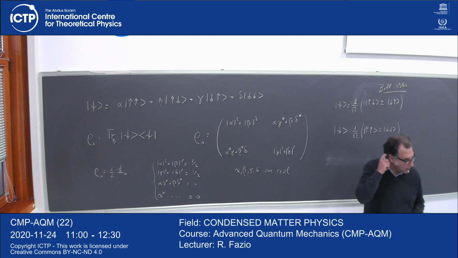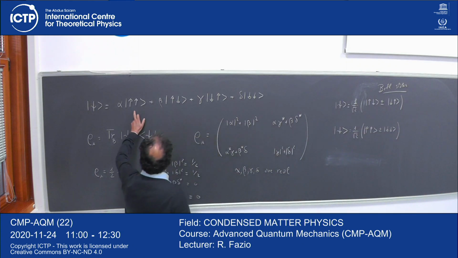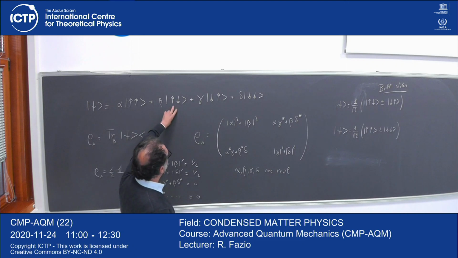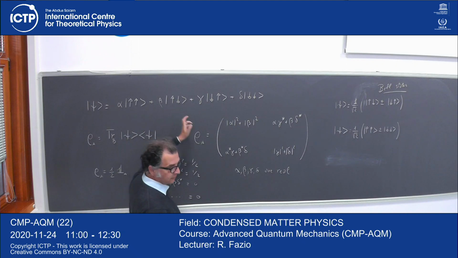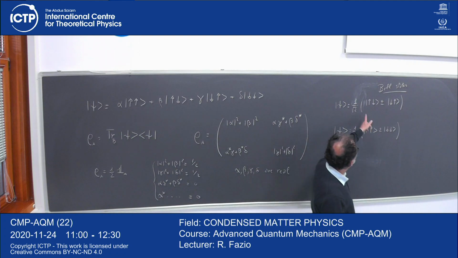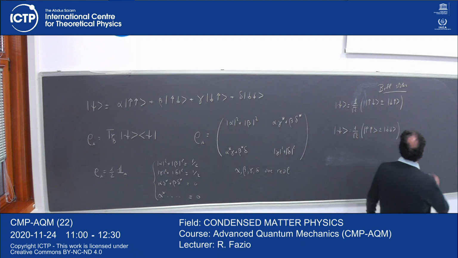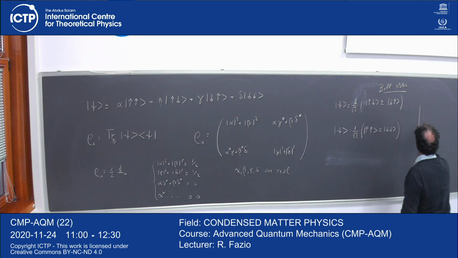So if you take all the states in which you do a rotation on the Bloch sphere, they will have the same property. Let me make one example, okay?